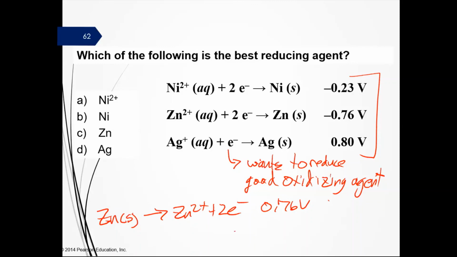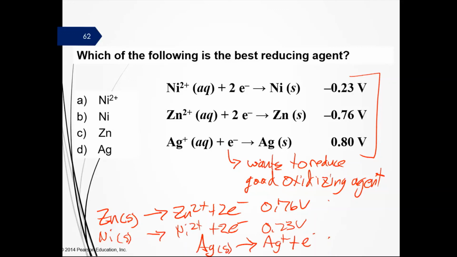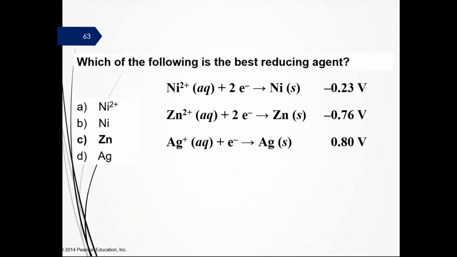Our nickel, on the other hand, is only going to give us 0.23. So our zinc is going to be preferred over our nickel. Our silver, on the other hand, it so badly wants to reduce instead that it's going to give us a negative amount of energy in order for us to oxidize it. Right? So it's really unpreferred. So our best reducing agent is going to be our zinc solid, as we compare those.